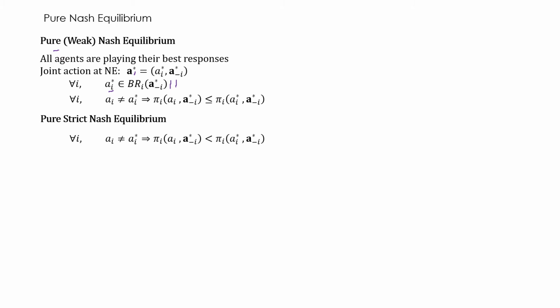Another way of defining it is a i star is Nash equilibrium if the payoff of agent i for any other action a i which is not Nash equilibrium is less than or equal to the payoff with the Nash equilibrium, and replacing this less than or equal to with a strict less than, we get the definition of a strict Nash equilibrium.